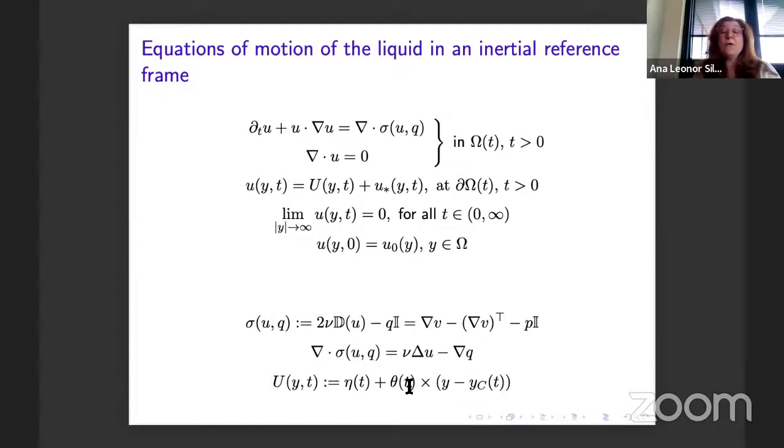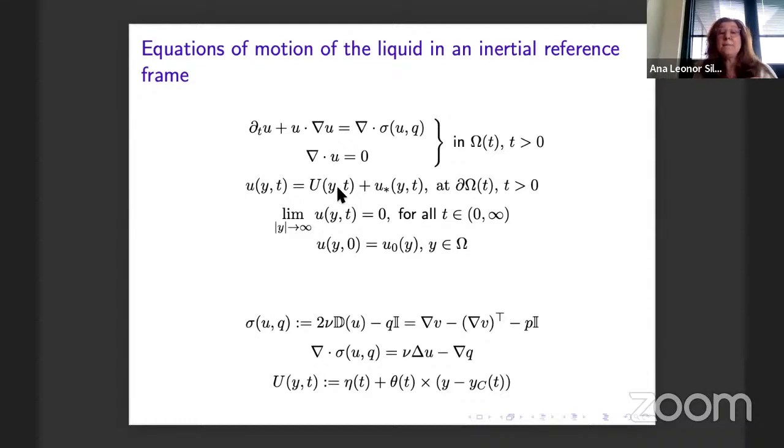Okay, so now let's see what are the boundary conditions in the interface between the solid and the fluid. Since the rigid body is moving, we also have to account for the velocity of the rigid body, since we want some continuity on the velocity of the fluid.